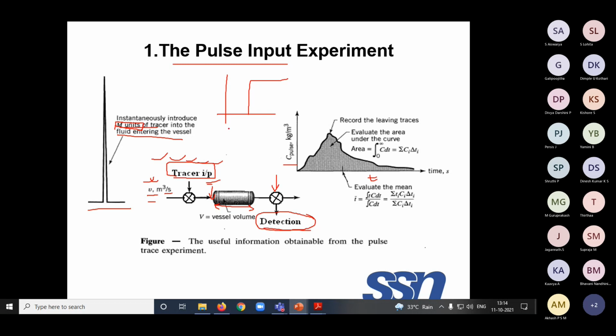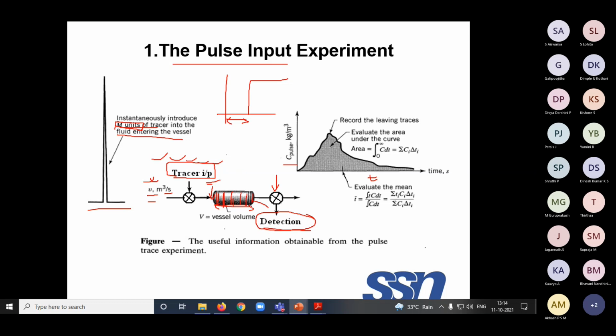Because till some time there should not be any tracer, because this is not getting mixed. Therefore, this fluid will move, this section moves, this section moves, this section moves. When this section is going out, this section will come to here. I'm thinking like a pack of cards. So one card you remove, the other card is coming. It's not that this card will come out. So there should be some time delay here.